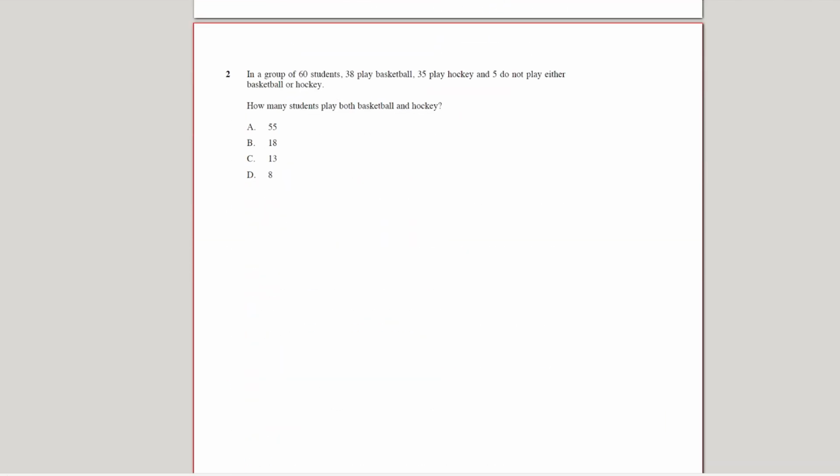Question 2. In a group of 60 students, 38 play basketball, 35 play hockey, and 5 do not play either basketball or hockey. When I see these types of questions, all I want to do is draw my Venn diagrams. Okay, so 5 don't play any, which leaves this part to be 55.